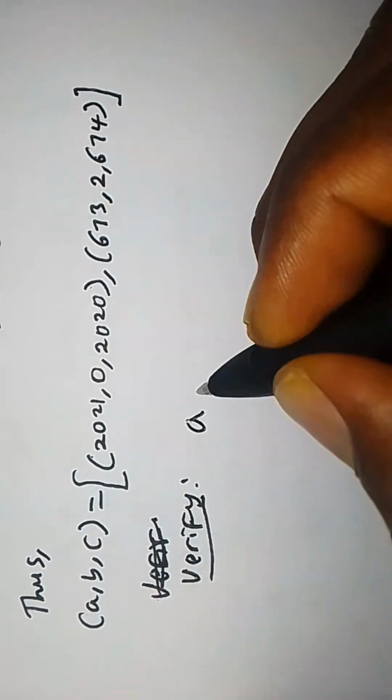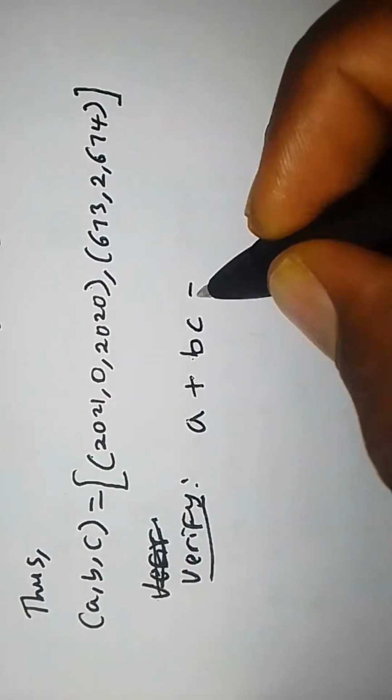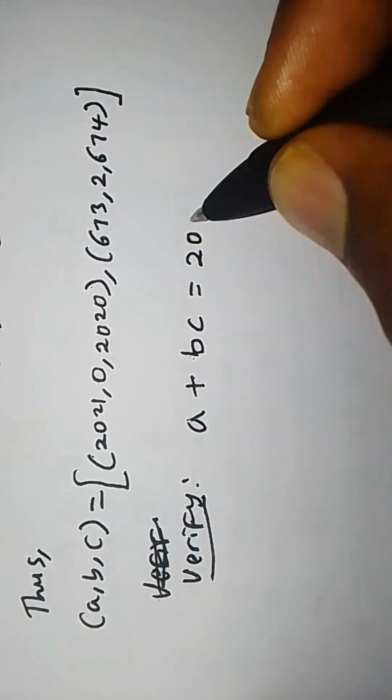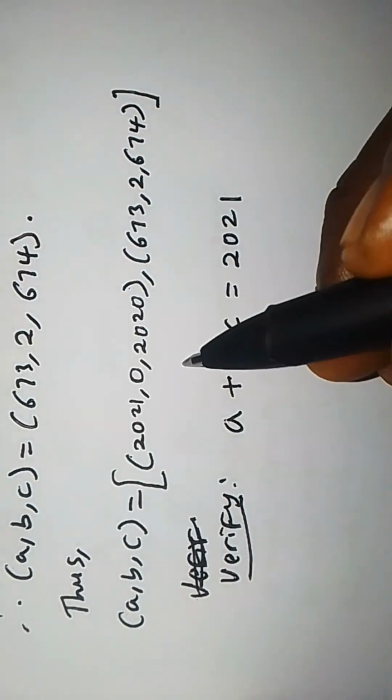Let us verify it using any of the equations. We can use equation 1. Equation 1 is A plus BC equal to 2021. Let's verify this first answer.